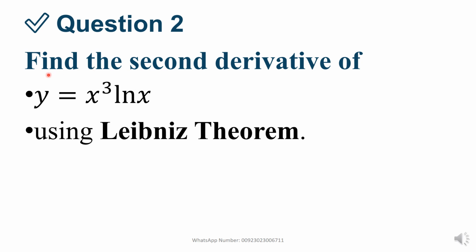Question 2. Find the second derivative of y equal to x power 3 ln x using Leibniz theorem. According to your question, second derivative, it means we find the derivative 2 times. You know, we use the product rule. We suppose u is x power 3 and ln x is v.